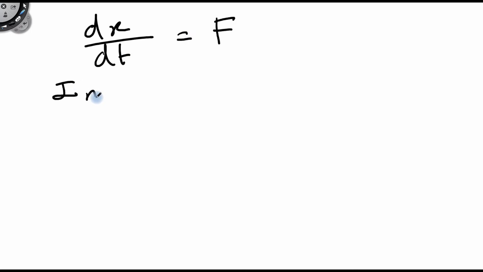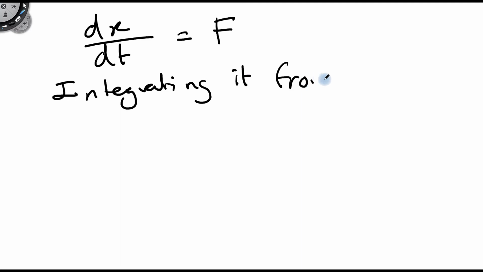Let's go through the steps then. Let's just remind ourselves what we're trying to do. We've got dx by dt is our function f. We're integrating it from t of n to t of n plus 1, like we did last time.